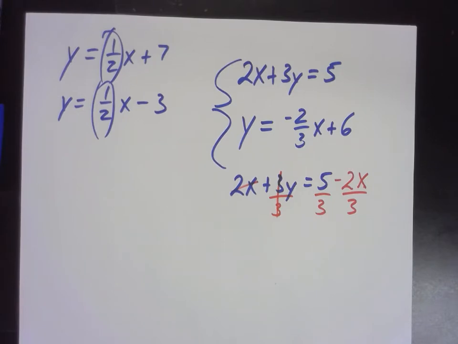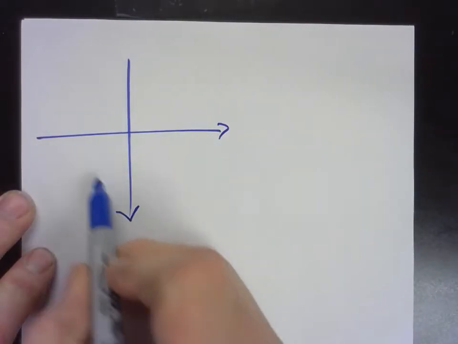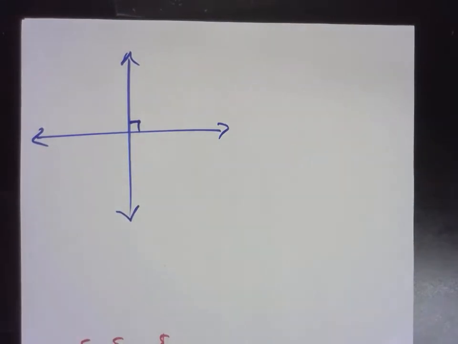Now let's talk about perpendicular lines. Two lines are perpendicular if they're in the same plane and they intersect and form a right angle. Like this. Right angle right there. How can we know, looking at the equation of two lines, if they're perpendicular?